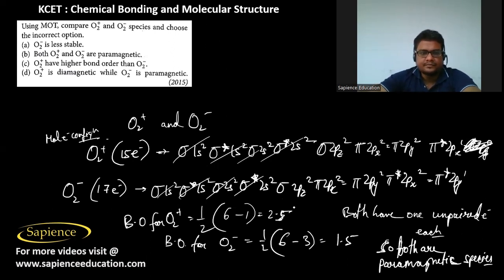So it means option D is the wrong statement, and so D is the correct answer. Since it is told O2 plus is diamagnetic while O2 minus is paramagnetic, which is a wrong statement. Since option B is correct, that both O2 plus and O2 minus are paramagnetic.